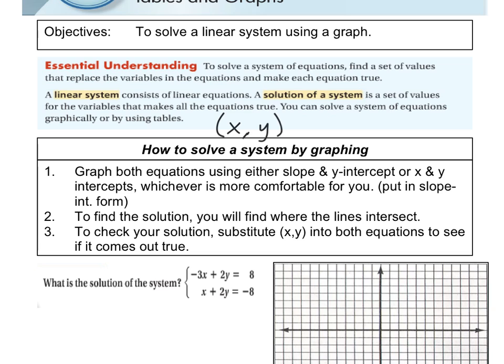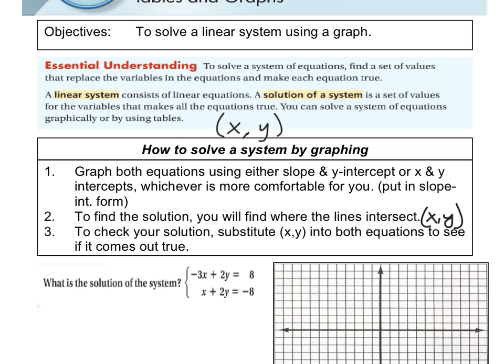In order to find the solution, you're going to find where the two lines intersect. Whatever that point is, x and y, that's going to be your answer. At the end, you can always check your solution by substituting x, y into both equations to see if it comes out true or not.